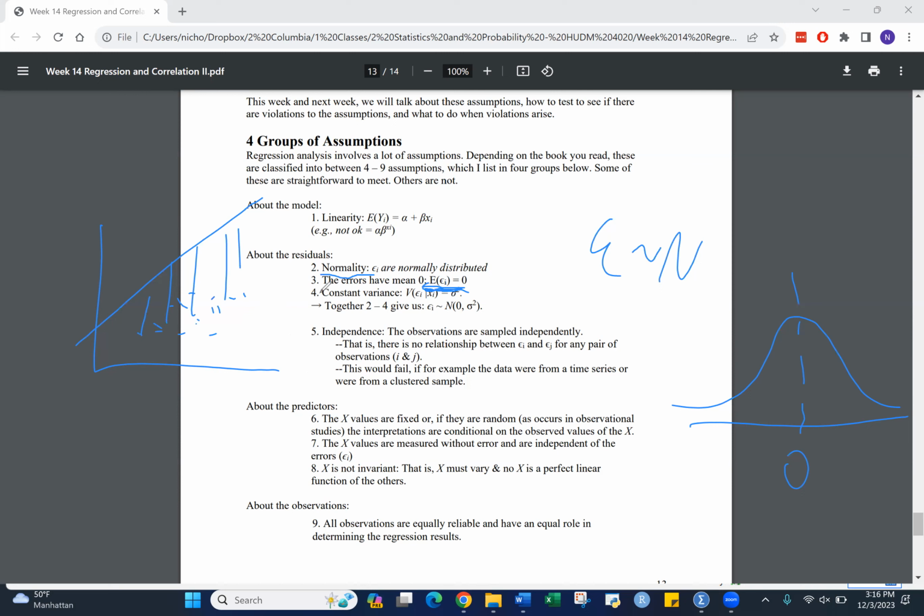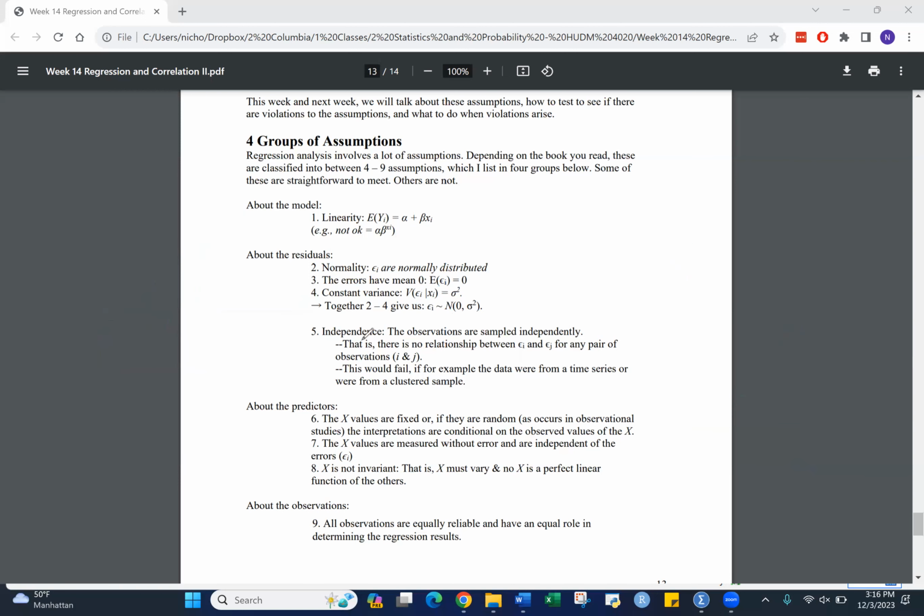You do need constant variance. Sorry, homoscedasticity is what you want, as opposed to heteroscedasticity. I'm not going to go into that too much. That really requires a full lesson on all these assumptions to get into checking it and looking for it. But I want to make you aware that there is something called the homoscedasticity assumption, which is number 4 here.